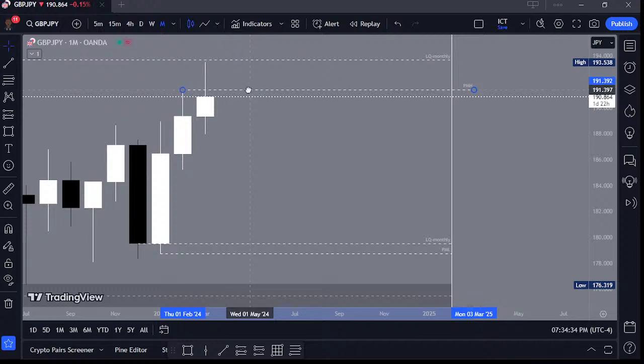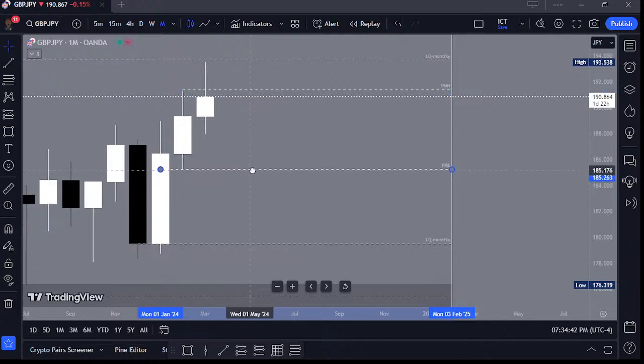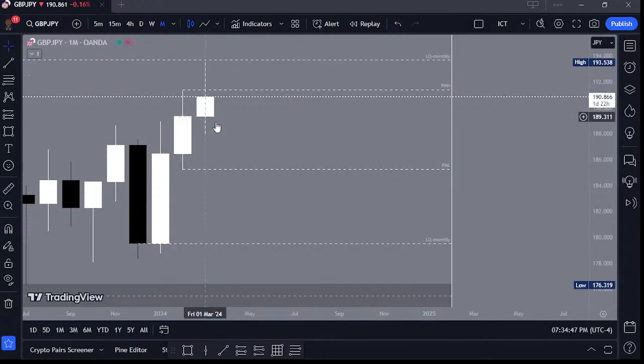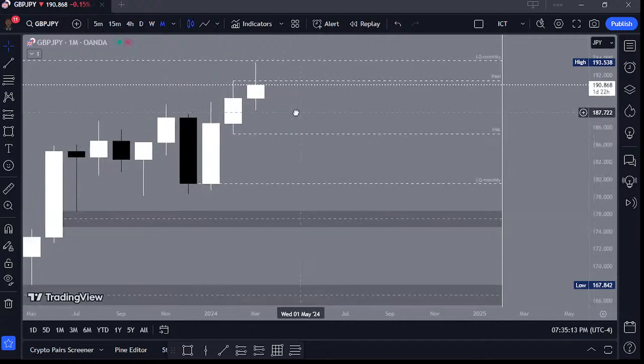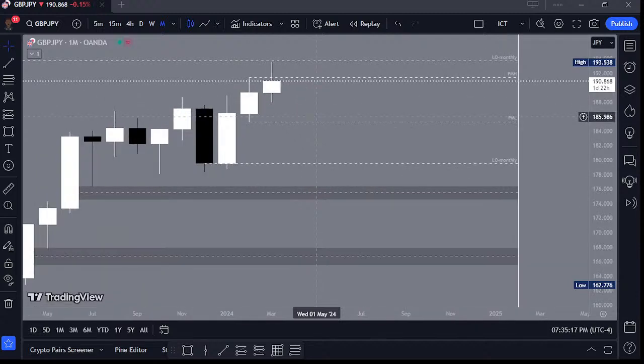So yeah, let's dive in. Right now, I'm bearish due to retracement.